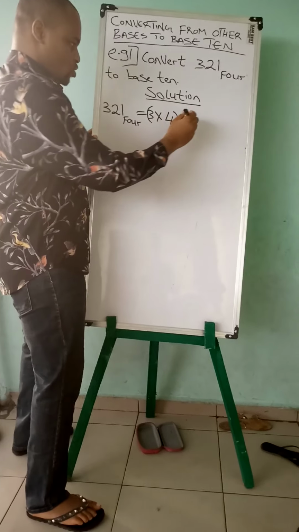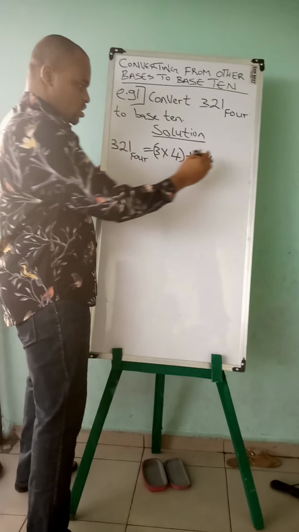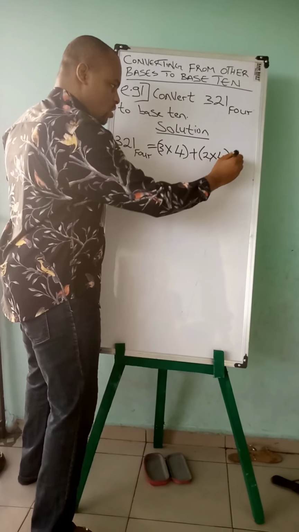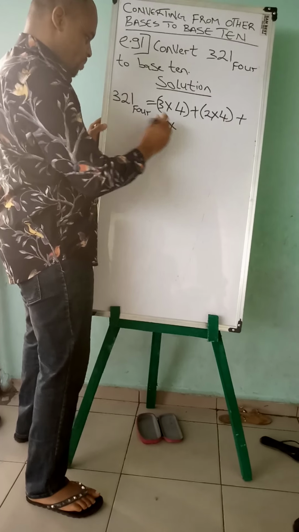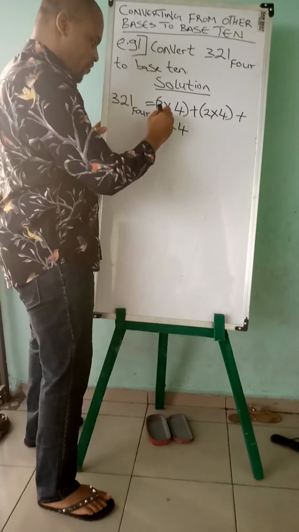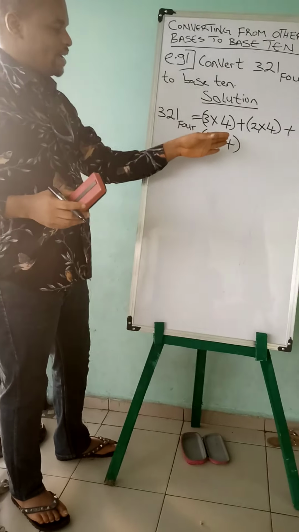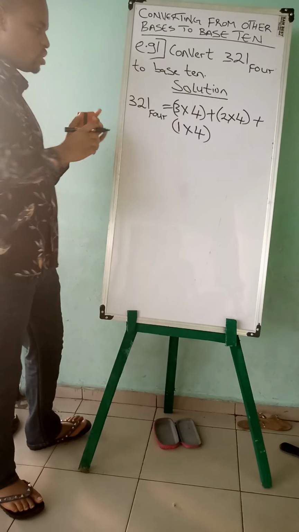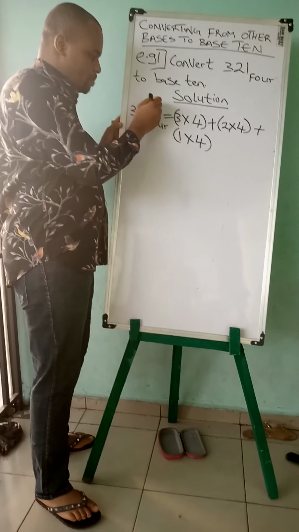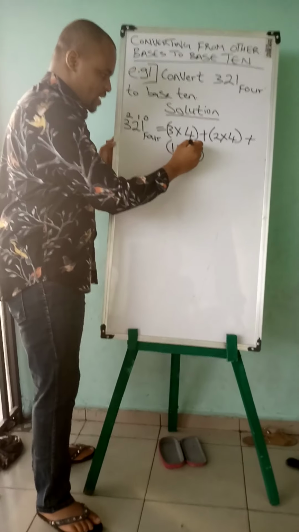Plus 2 multiplied by the number base, which is 4. Plus the last number, 1, multiplied by the number base, which is 4. Recall that I told you that you put your index, the powers, from behind to the front. So for this 1, the 4 will take power 0, power 1, power 2. So I introduce the powers here.